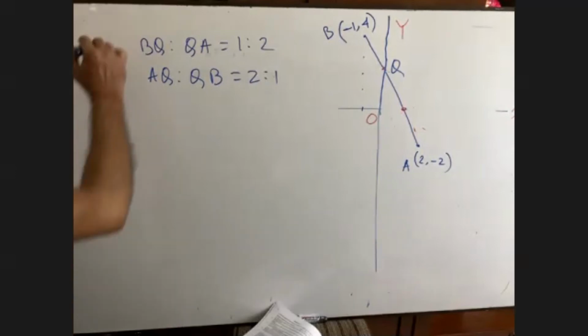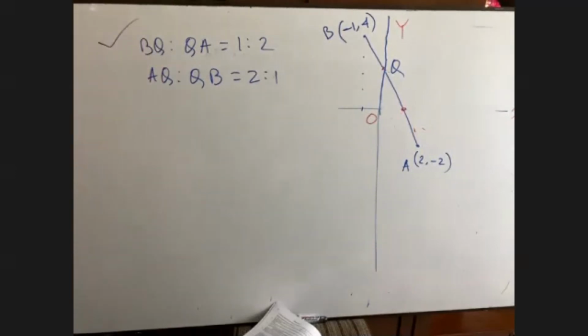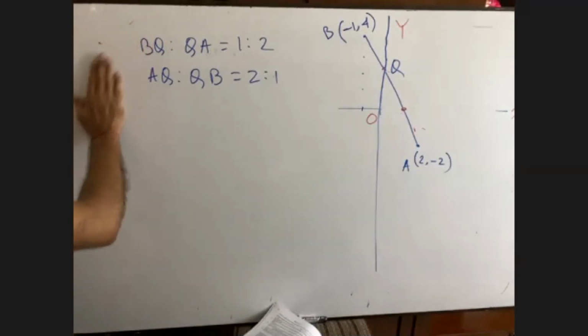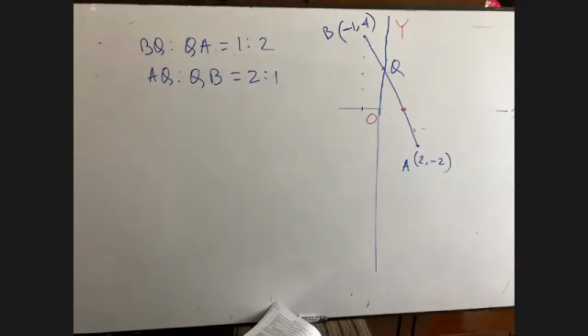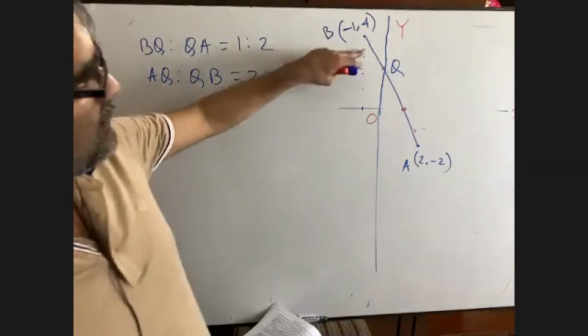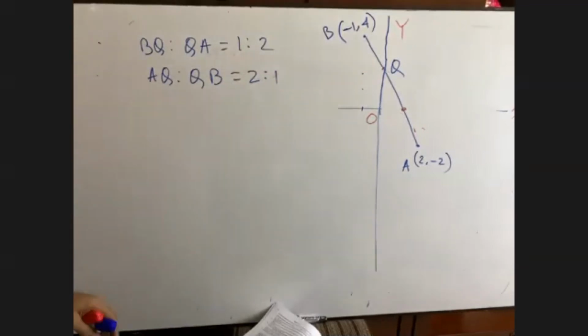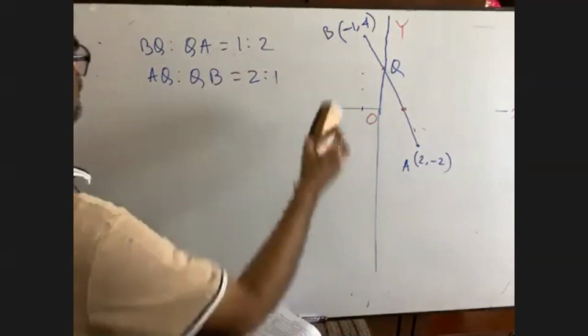If you prove this, we are done. Or if you prove this, we are also done. Now let me know which one I'll do. Hello? Same thing. Sir, BQ is to QA. Okay, the first one.